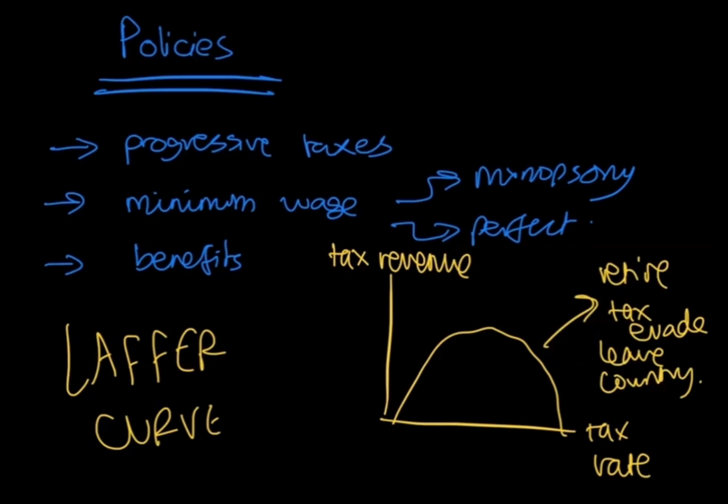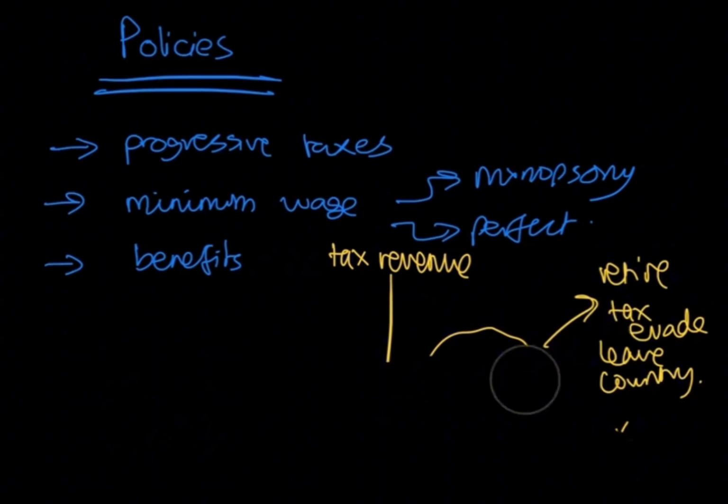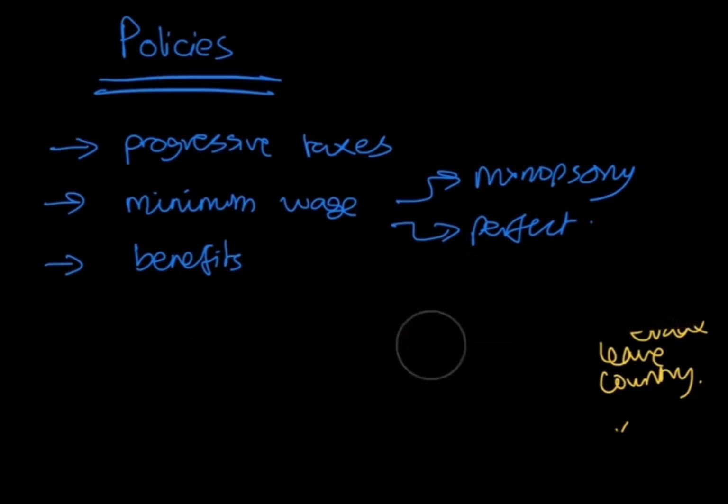The second and last evaluation is the trickle down effect. There are 2 effects. One is saying that it's good. Remember, these policies redistribute money from high income to low income earners.